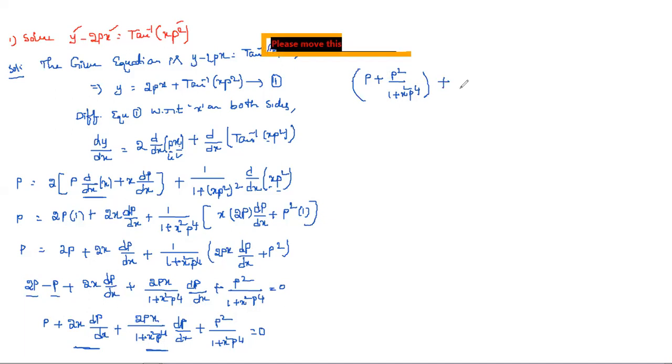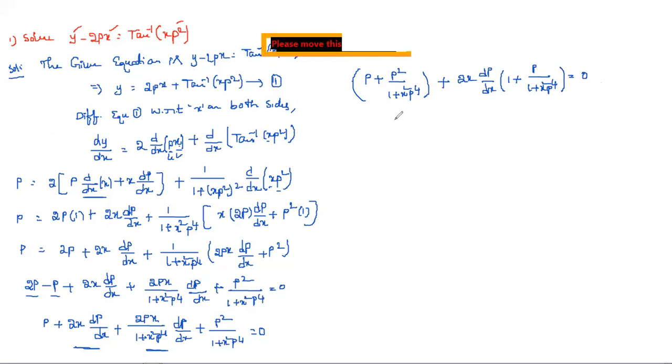And from the second and third terms, I am taking 2x dp by dx as the common one. Then what is remaining? Here it is 1 plus, so what is the remaining one after taking common? p by 1 plus x square p power 4, is equal to 0.